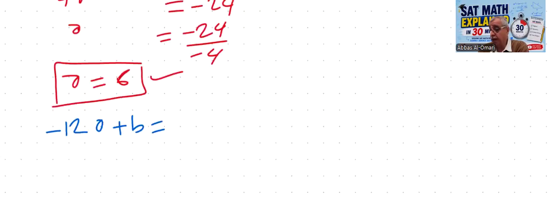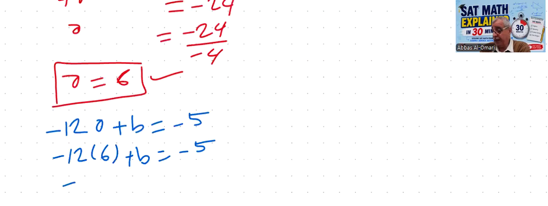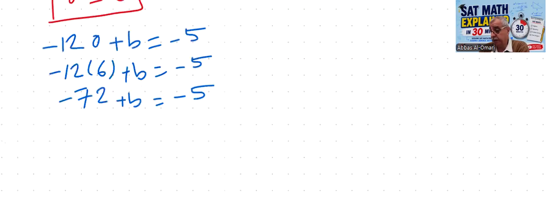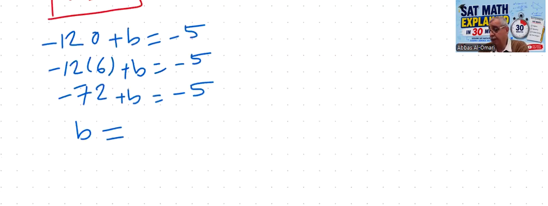We substitute a equals 6, so minus 12 times 6 is minus 72, plus b equals minus 5. So b equals 72 minus 5, which is 67.